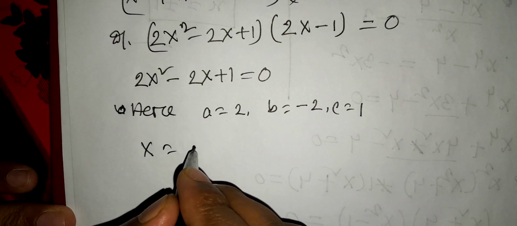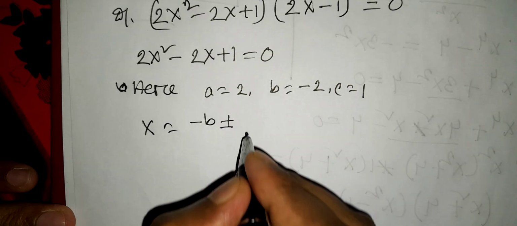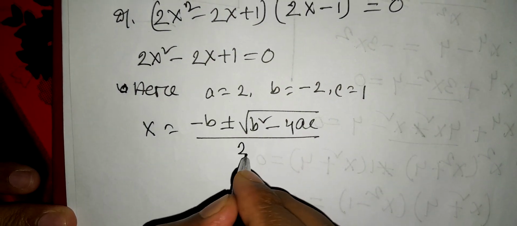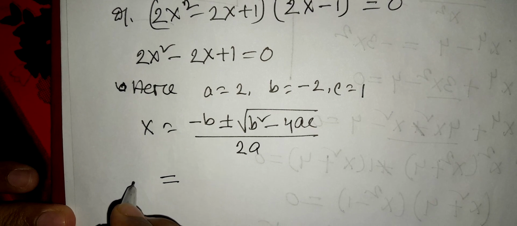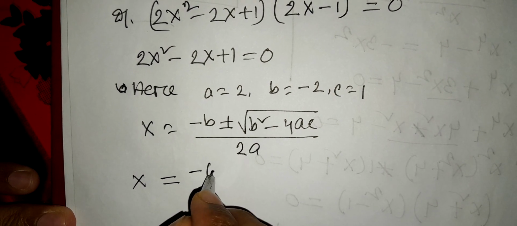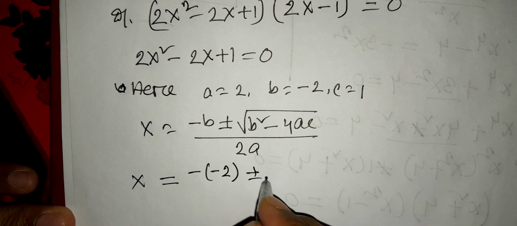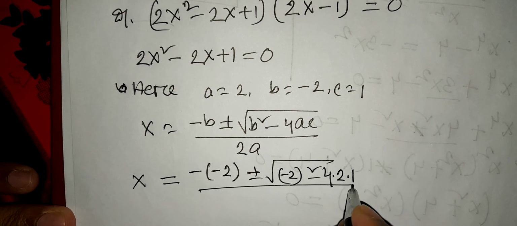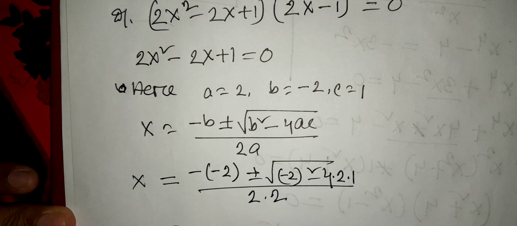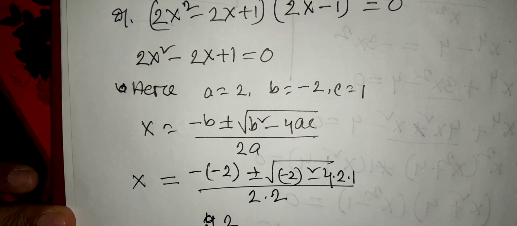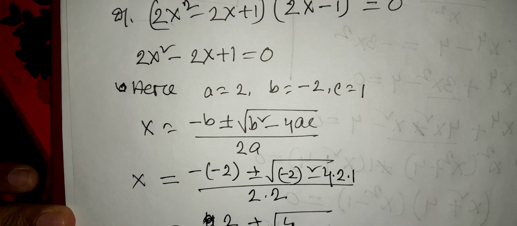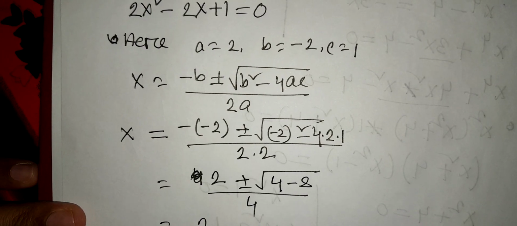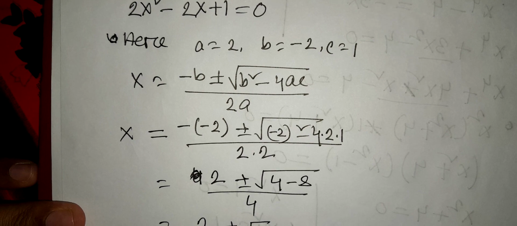So x equals minus b plus minus root over b square minus 4ac, by 2a, equals minus negative 2 plus minus root over negative 2 square minus 4 into 2 into 1, by 2 into 2, equals 2 plus minus root over 4 minus 8 by 4, equals 2 plus minus root of negative 4.